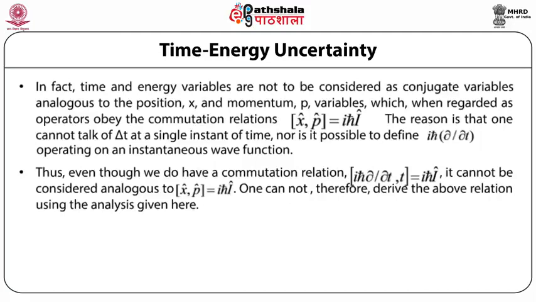Thus, even though we do have the commutation relation in the time and the energy variable given by iota times h cross times partial derivative with respect to time, and time, is equal to iota times h cross times the identity operator I, it cannot be considered as analogous to the commutator of operator x and operator p being equal to iota times h cross times the identity operator I, and therefore one cannot derive the above relation using the analysis given here.